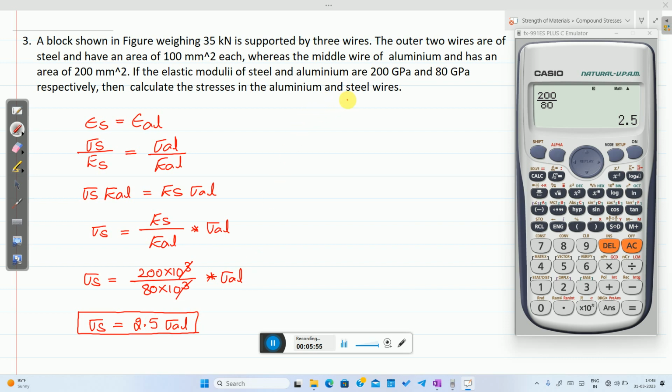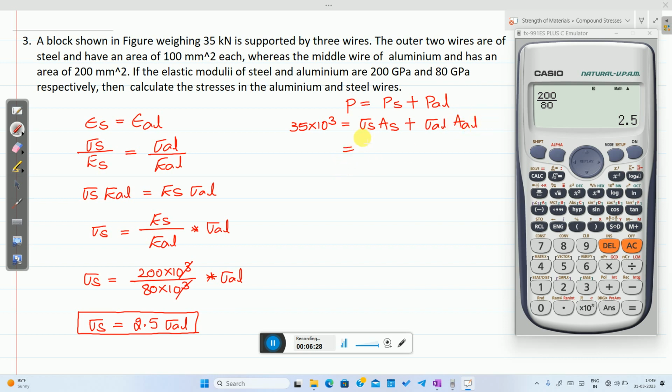So I will use the second assumption. Second assumption is P equals PS plus PAL. So total load equals load shared by steel plus load shared by aluminium. So we know that total load, that is 35 into 10 raised to 3 equals, load can be written as stress into area, sigma S into AS plus sigma AL into AAL.